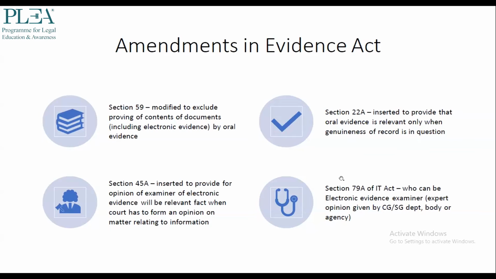Section 22A, of course, you see that A, so that's something that is inserted later. It provides for oral evidence being relevant only when the genuineness is in question. Say, for example, there is this lady we were talking about who's facing domestic violence at home, and she has produced CCTV footage.